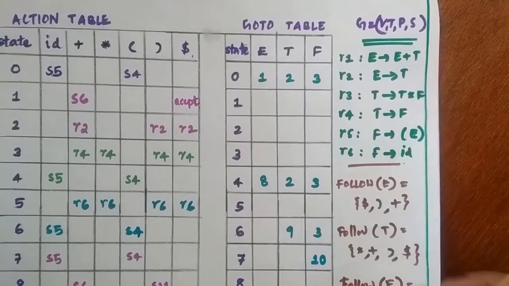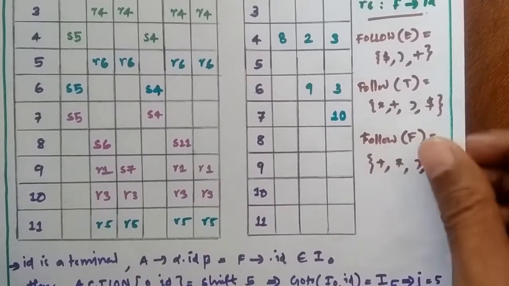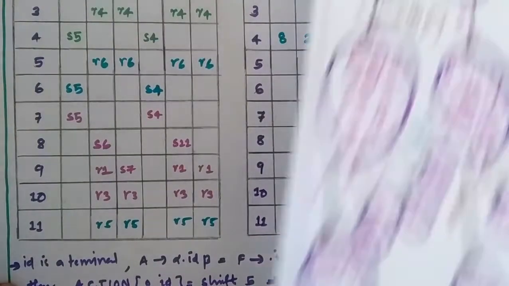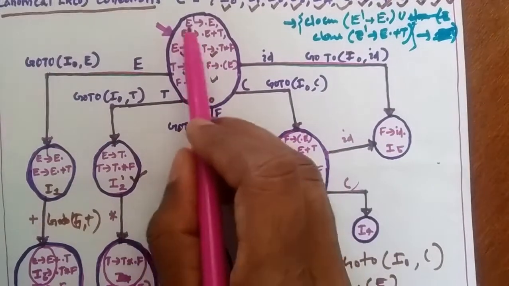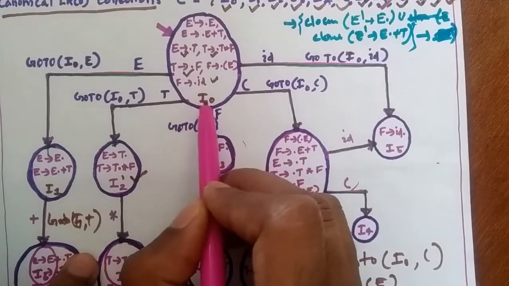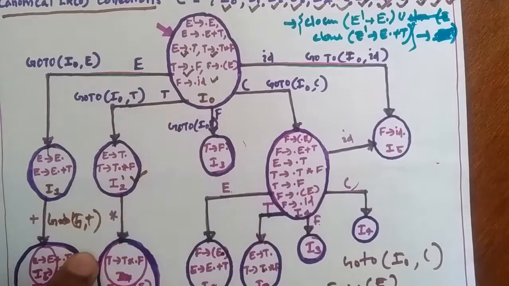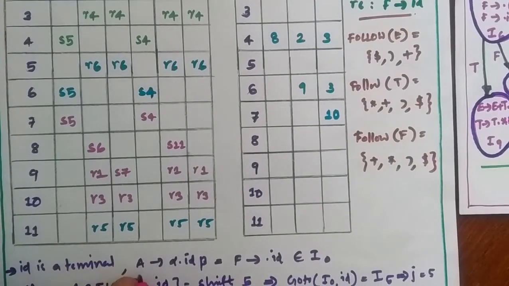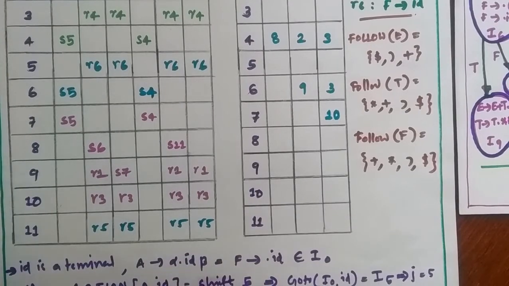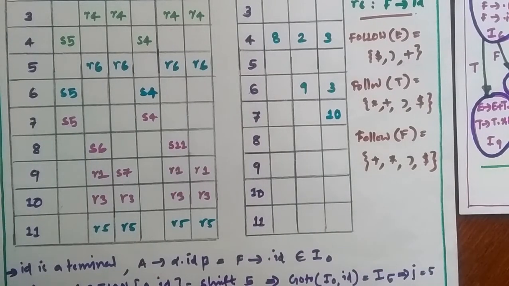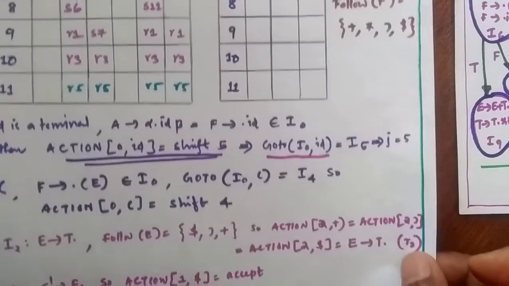Okay, so a few entries we will fill. Look here. First one, ID. We will see what our initial state is. So the initial state is this one. There are many items, from which one item you can see here: I0 contains F gives dot ID, where ID is a terminal symbol. So rule 1 we can apply. This is of the form A gives alpha dot ID beta, where dot is just left of ID. So we will compute goto of I0 ID, which is equal to I5.